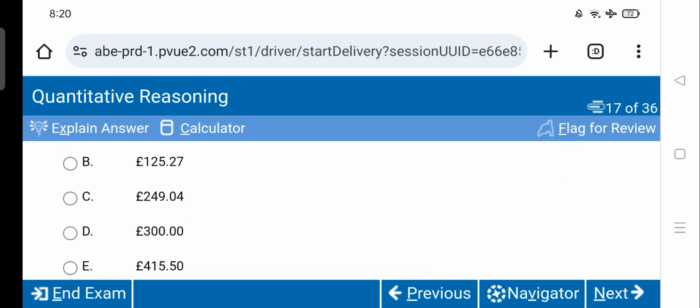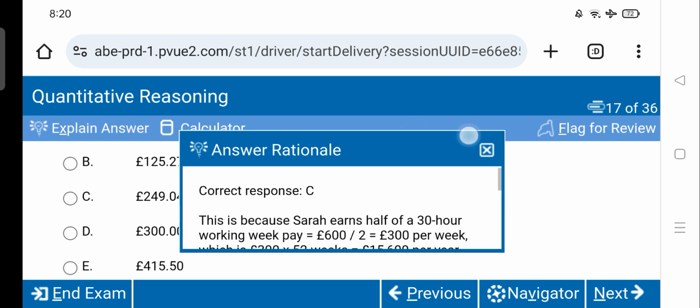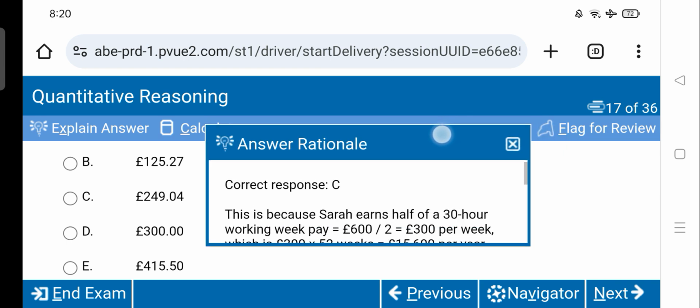Option C, 249.04 pounds. Option D, 300 pounds. Option E, 415.50 pounds. So the correct option is option C.